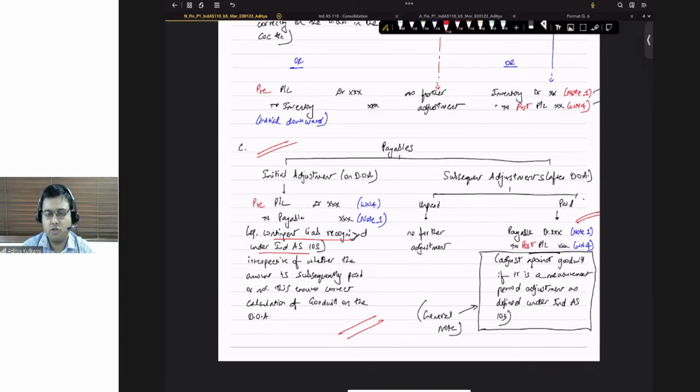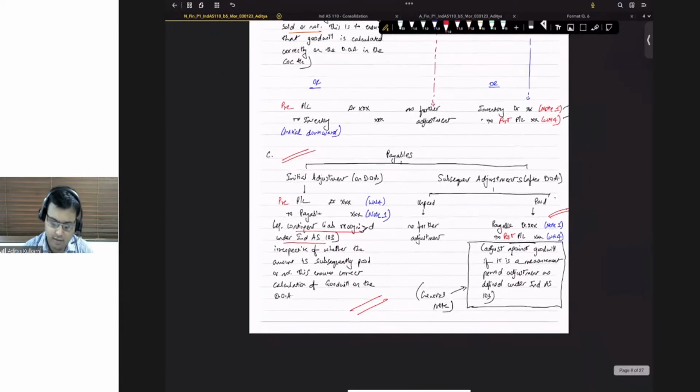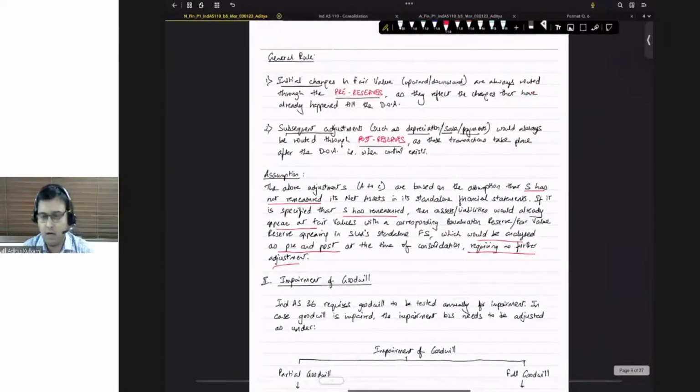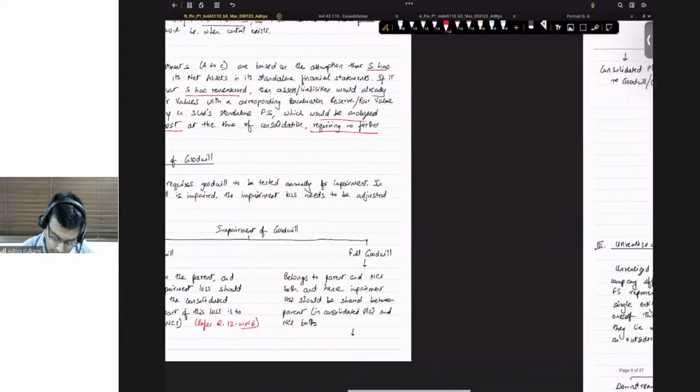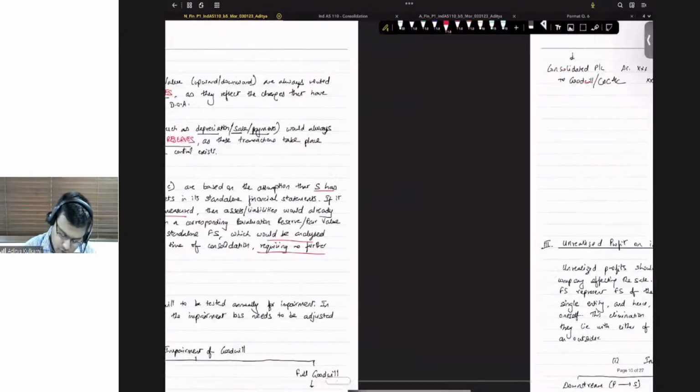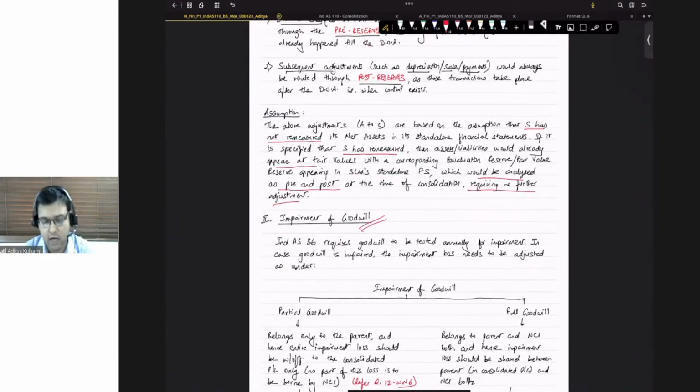So the concept is done, the rule is done. We are done with the consolidation adjustment relating to fair value. And then what I want you to go through is impairment of goodwill also. It's very simple. Impairment of goodwill means they will tell you goodwill has to be reduced by how much.